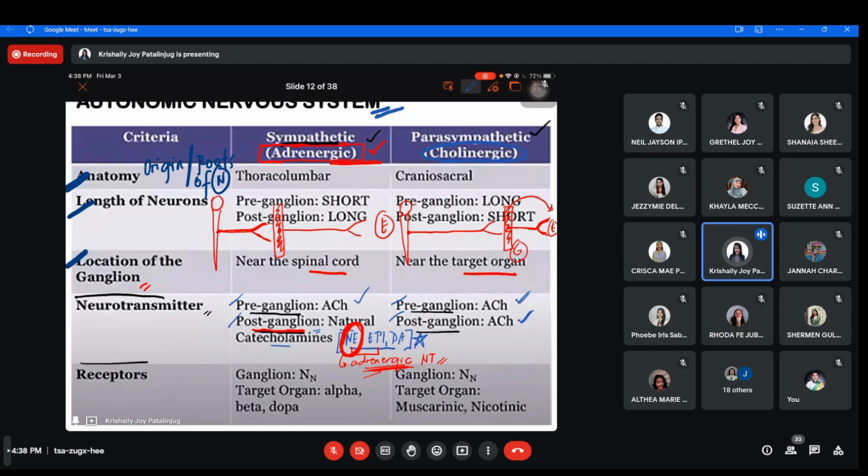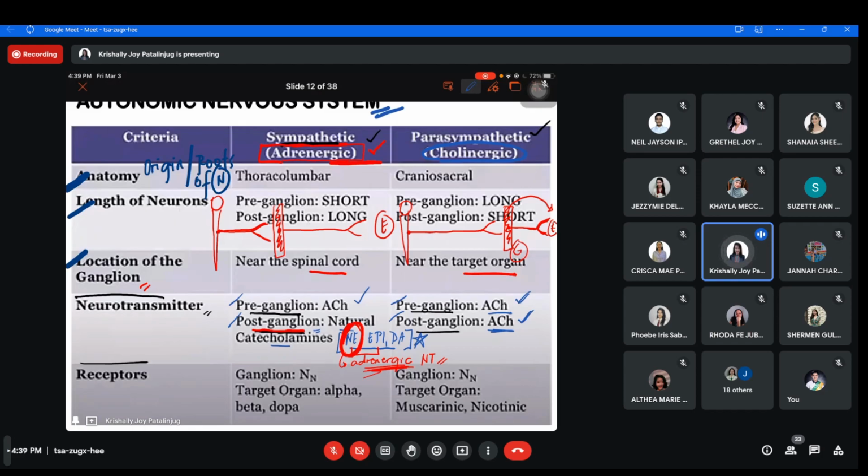Kaya nakalagay dyan sa taas, cholinergic, yung cholinergic nervous system din ang parasympathetic nervous system. Again, the reason, kasi yung effector organs will also carry out cholinergic responses dahil acetylcholine ang na-receive niyang neurotransmitter. Okay, so that is the rationale why parasympathetic nervous system again is also known as cholinergic nervous system.